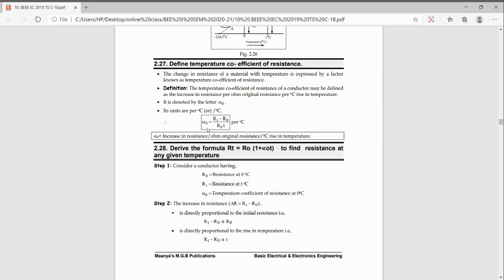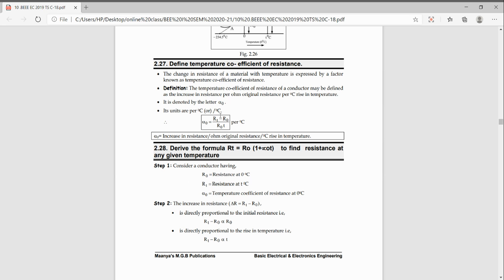So the alpha naught formula is given by RT minus R naught divided by R naught into T, per degree centigrade. Here alpha naught, the temperature coefficient, is equal to the rise in resistance, that is RT minus R naught, divided by the original resistance R naught into T. So this is given in per degree centigrade.